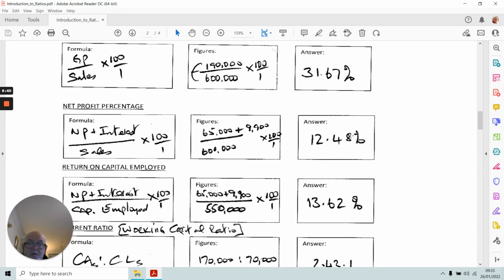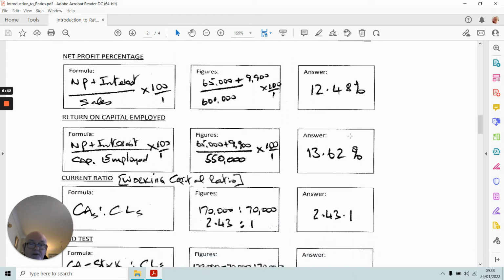By far and away the most important profitability ratio is the return on capital employed. It's arguably the best measure of how profitable a firm is, because it expresses the net profit as a percentage of the amount of capital employed invested to earn that profit.